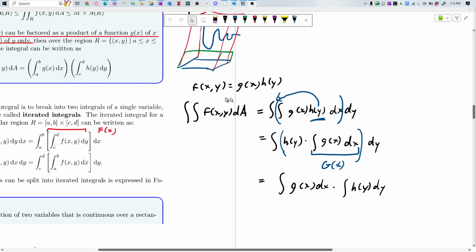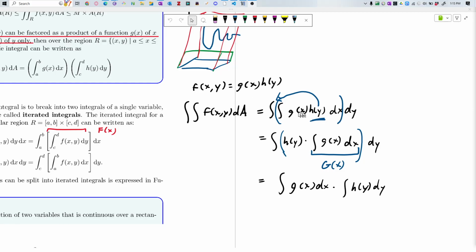So if you have a double integral, dA means that we're not specifying what integration order, so I just choose one arbitrarily. Okay. So first integrating with respect to x, then integrating with respect to y.